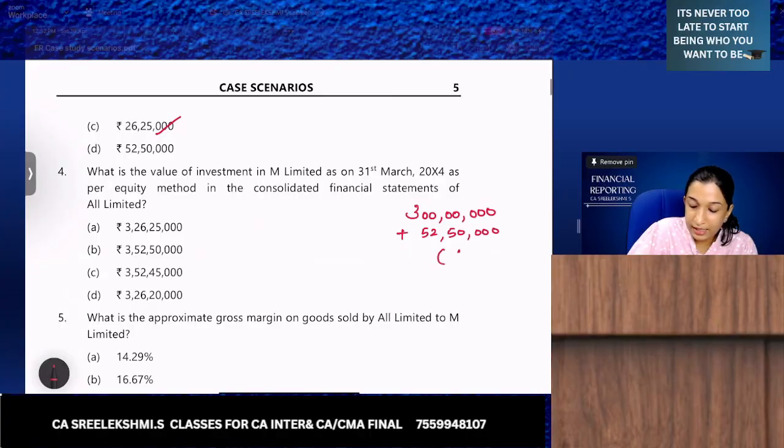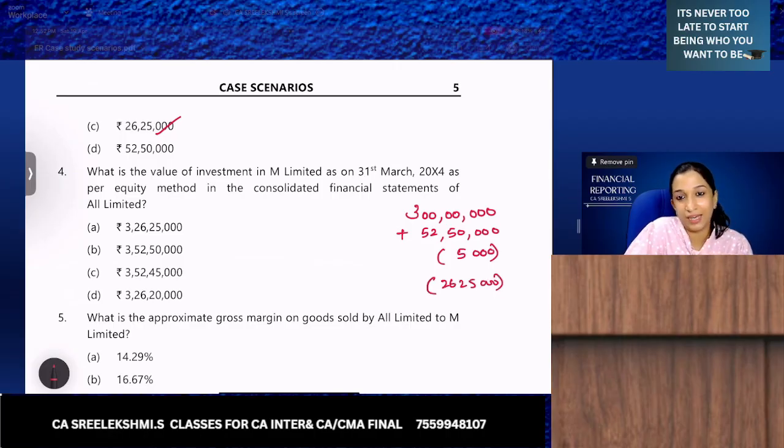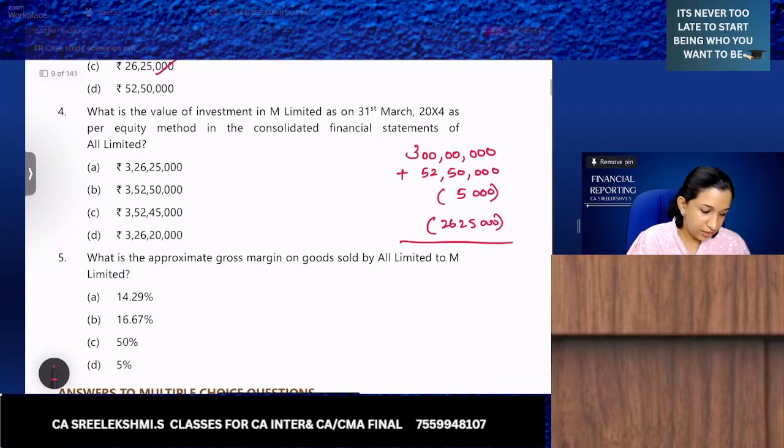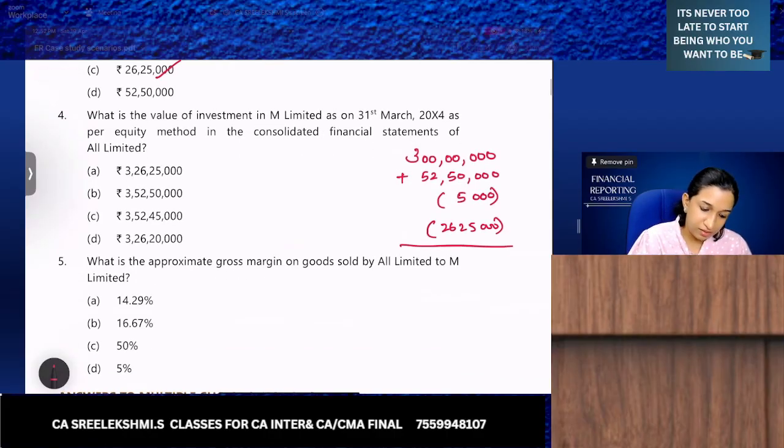There is an unrealized gain of 5,000 which we need to eliminate, and 26 lakh 25,000 dividend declared also should be deducted. So it is 352 lakh 50,000 minus 5,000 minus 26 lakh 25,000. It is 3 crore 26 lakh 20,000 by equity method.